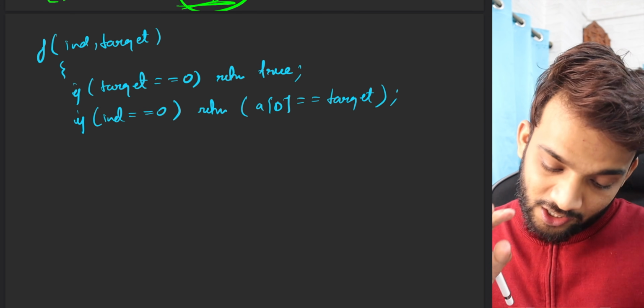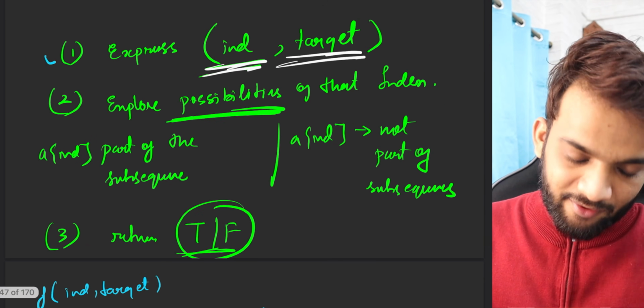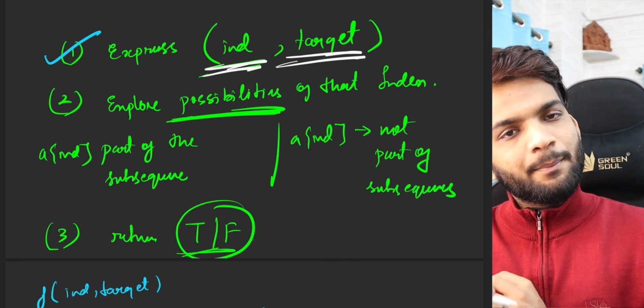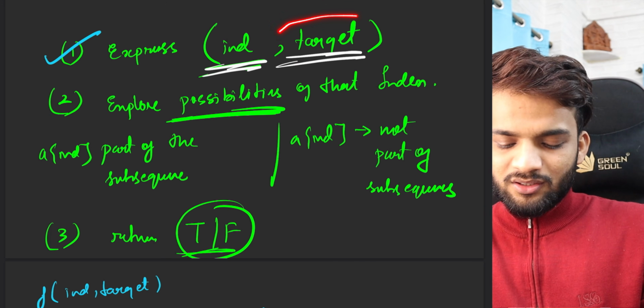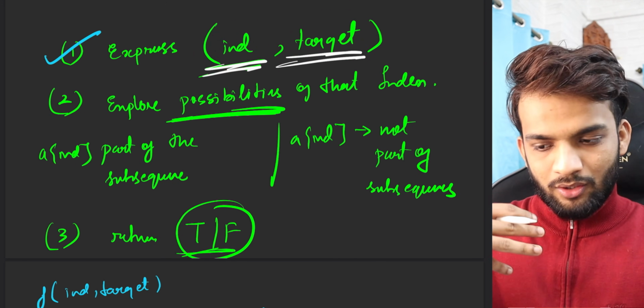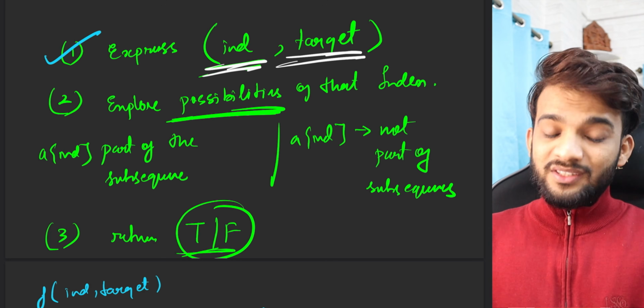Perfect. So the first step, express and write the base cases, is completed. Always, if you're writing a base case, first think about the target, then think about the index, think about the states.